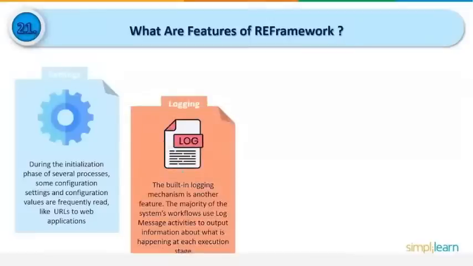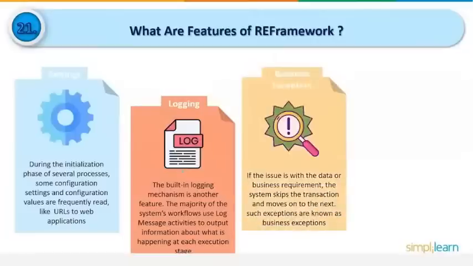The built-in logging mechanism is another helpful feature of the framework. The majority of the system's workflows use log message activities to output information about what is happening at each execution stage.